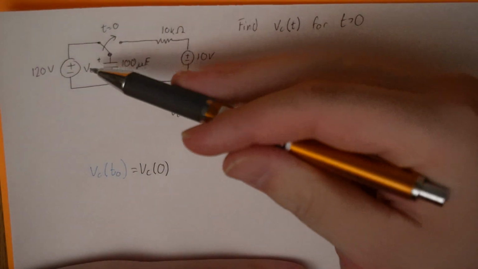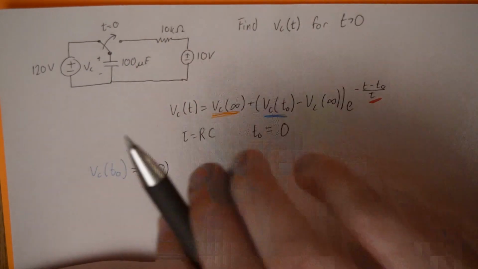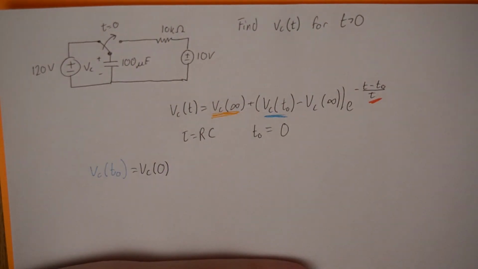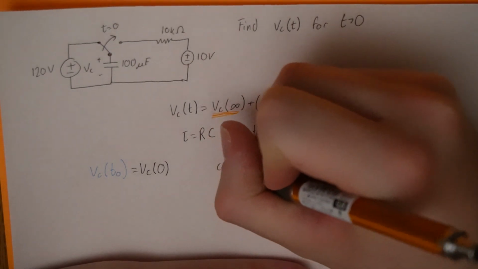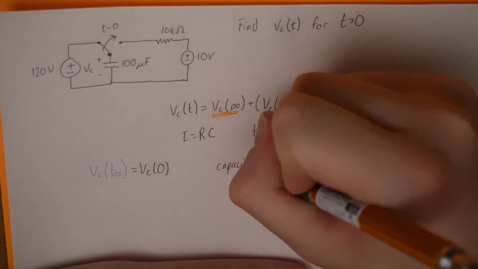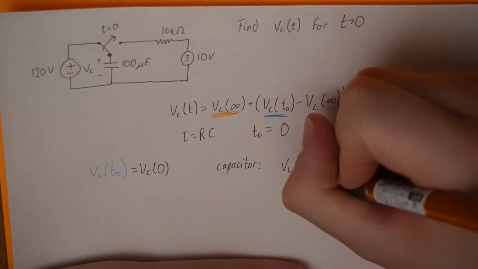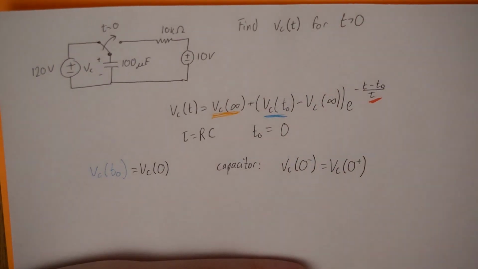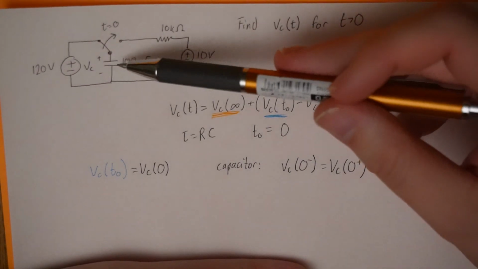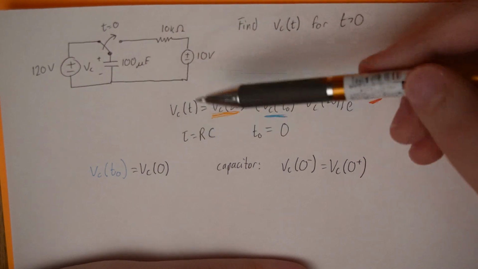Now in my problem, the switch is at T0. So for a capacitor, VC at 0 minus equals VC at 0 plus. This equation is important because the voltage across the capacitor is continuous, so it can't do any jumps.